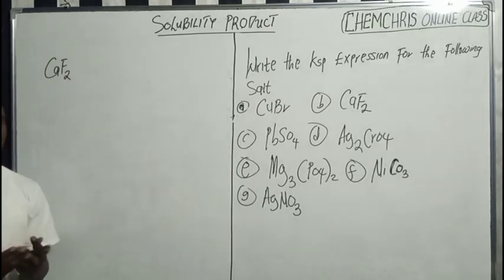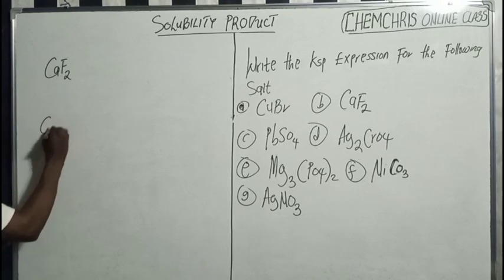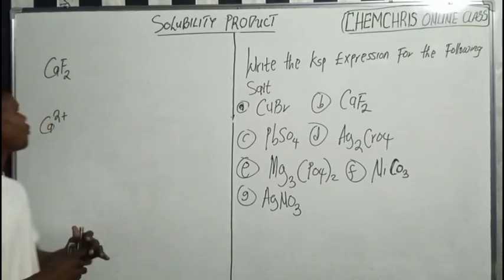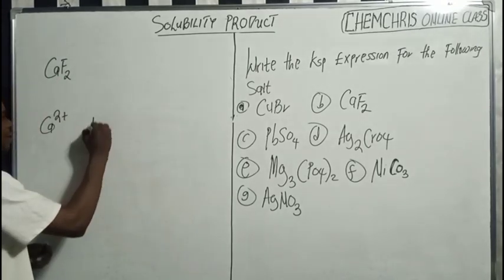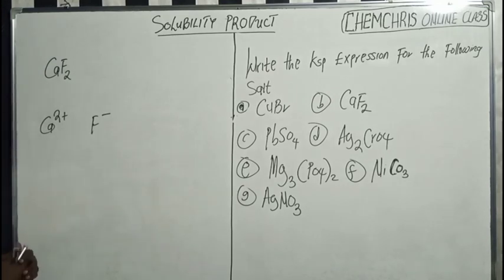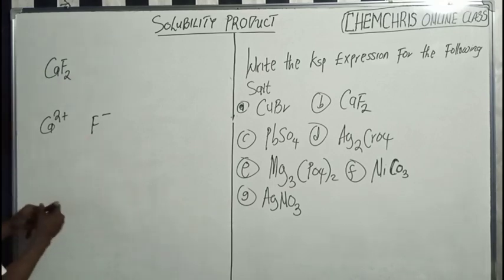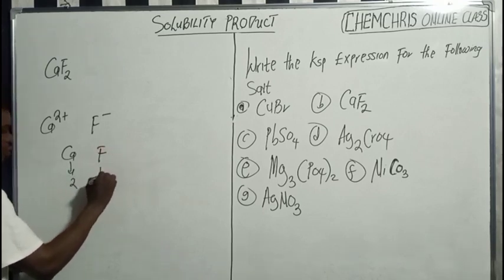The oxidation state of calcium is always +2, because it loses 2 electrons, so it's going to be Ca2 plus. The oxidation state of fluorine is always -1. Can you see that? So how are you going to do it here? If you write the ionic equation, you have Ca, which is 2, and F, which is 1.